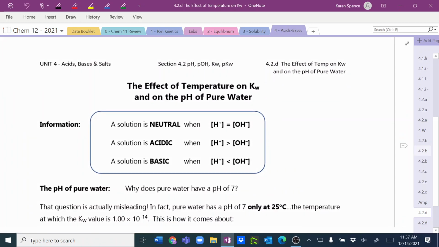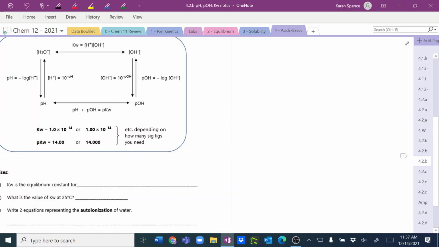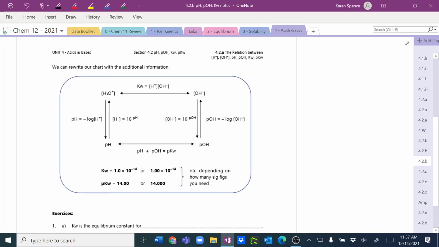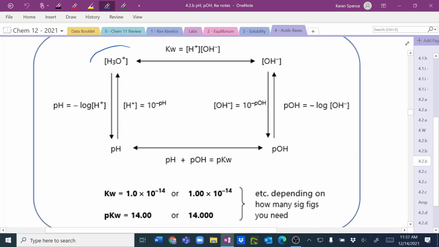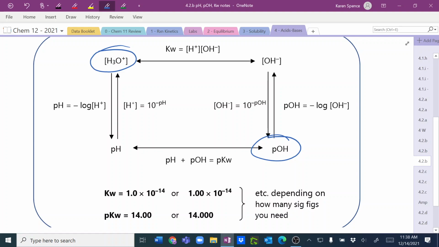Oh, I forgot to mention one thing. Silly me. What if I gave you hydronium and you wanted to find POH? There's no diagonal path, yes? You can go down, turn hydrogen into pH by taking the negative log, and then use pH plus POH equals 14 to give you the POH, so 14 minus the pH.